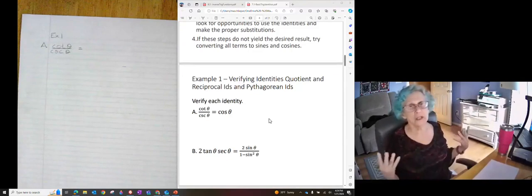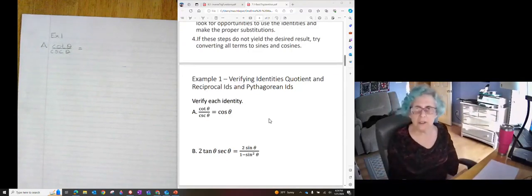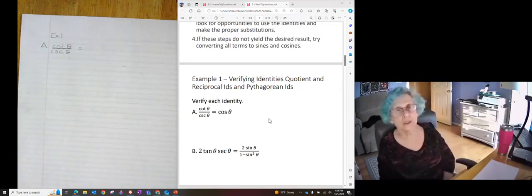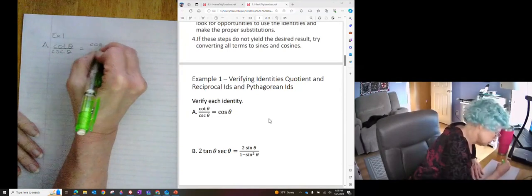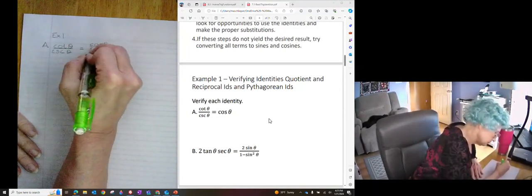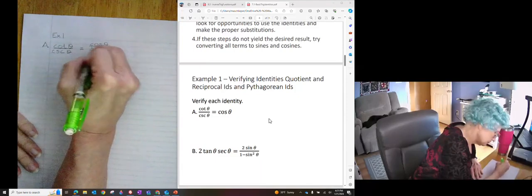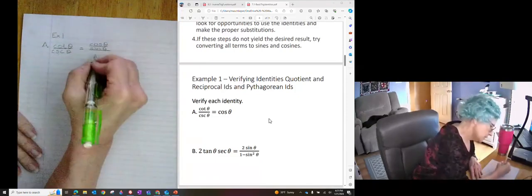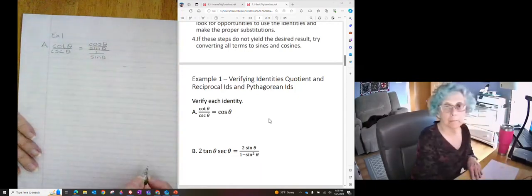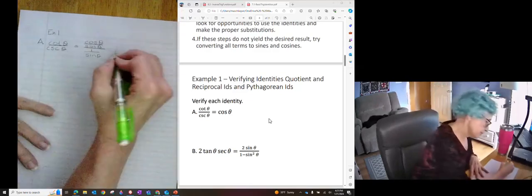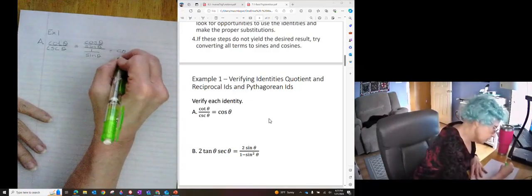Now, not much I can do with those except to rewrite them: cotangent is equal to cosine over sine, and cosecant is 1 over sine. But I know how to divide fractions. I invert and multiply.